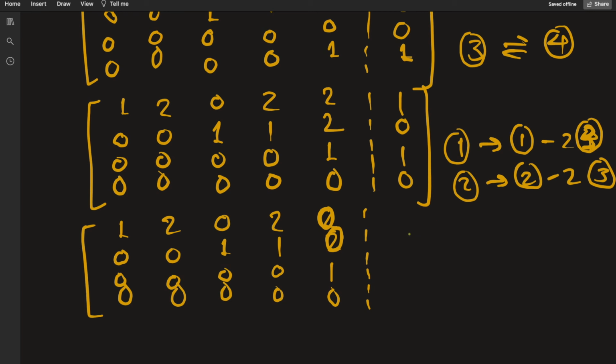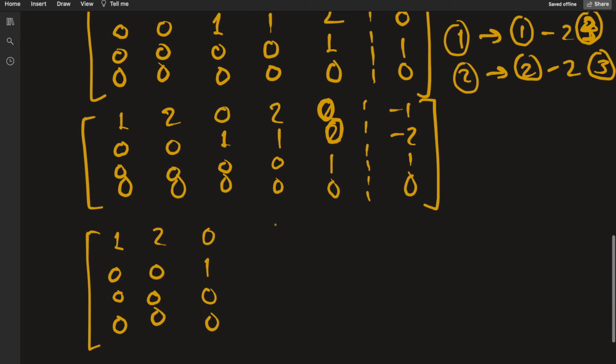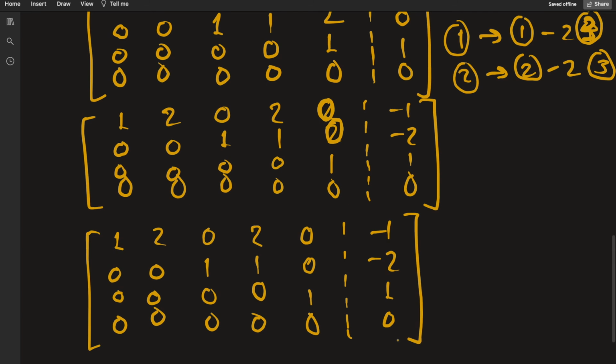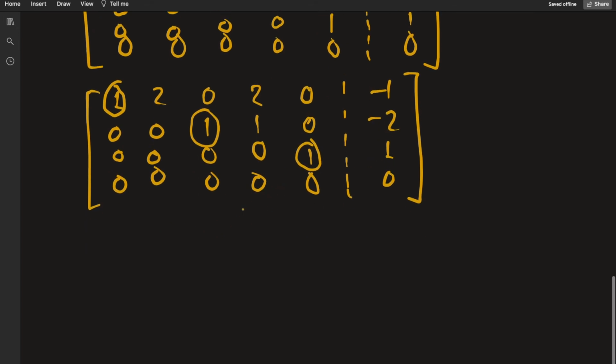And over here we have -1, -2, 1 and 0, putting it back into our original AX equals B system. Let's just circle the pivots and the pivotal columns. So 3 pivots, 2 non-pivotal, or basically free columns.